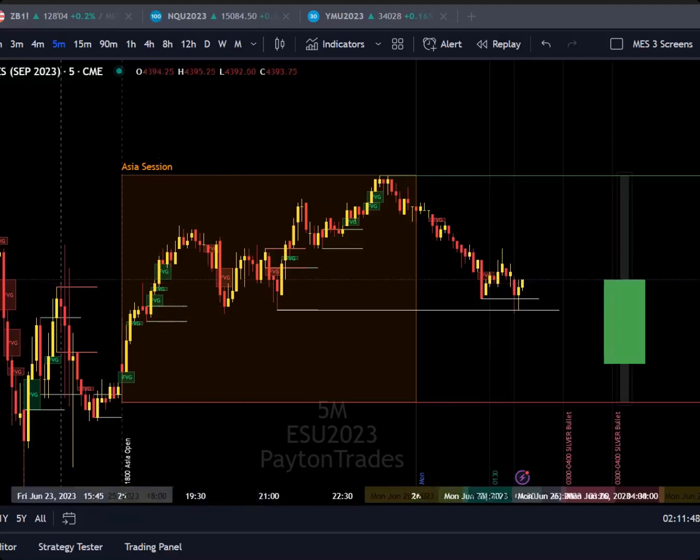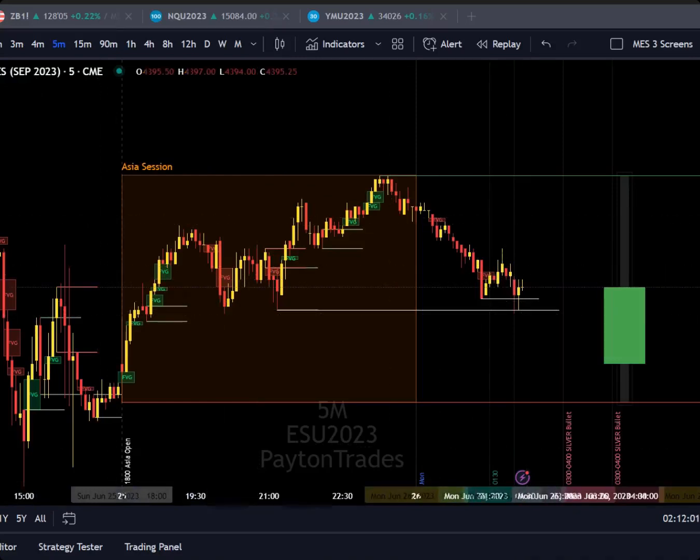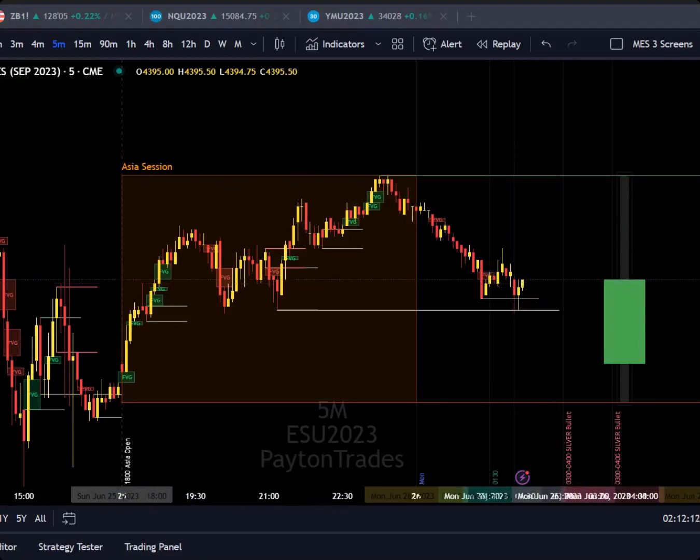I don't see any indication of it wanting to turn around, but once it does, price will let us know. So even though I'm watching the 5-minute up close and personal on one chart, I also have the 15-minute chart that I'm watching.